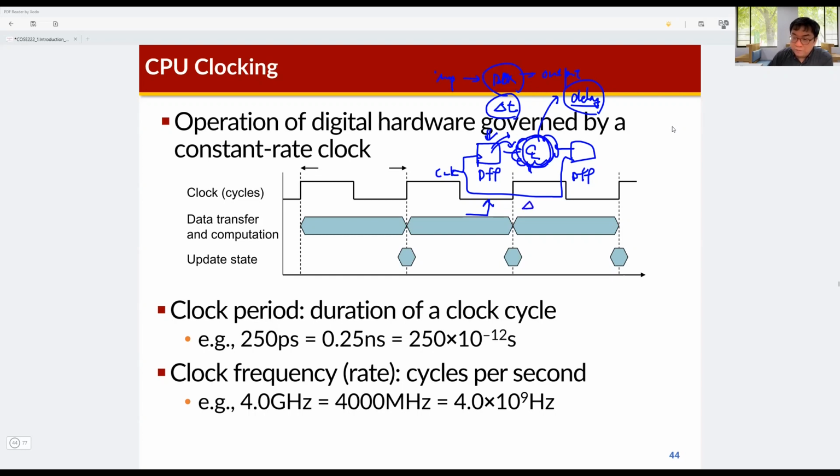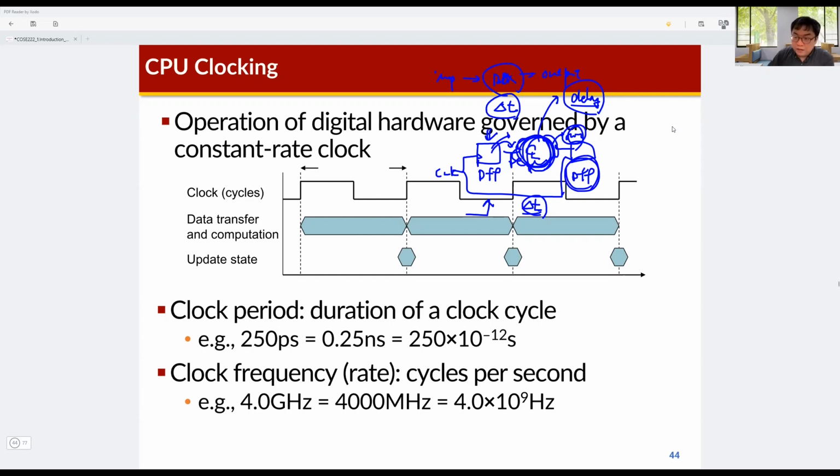After some delay delta t, the combinational logic generates the output signal based on these input signals, and then these output signals are sampled by the clock signal by this flip-flop.